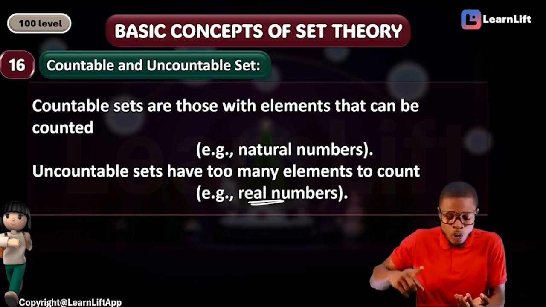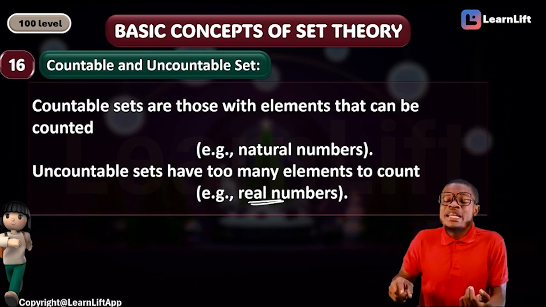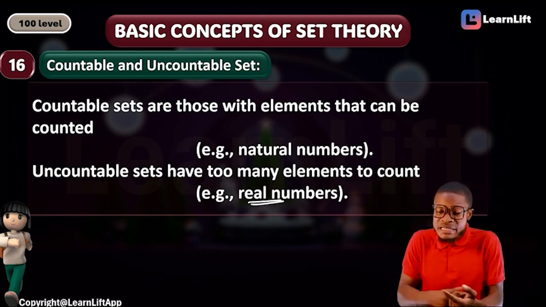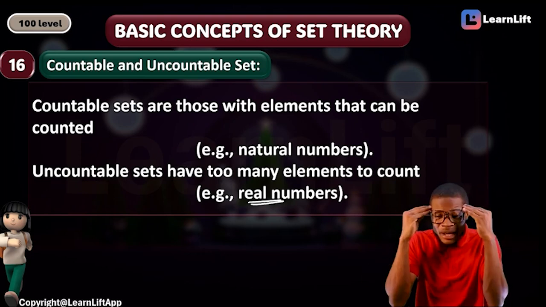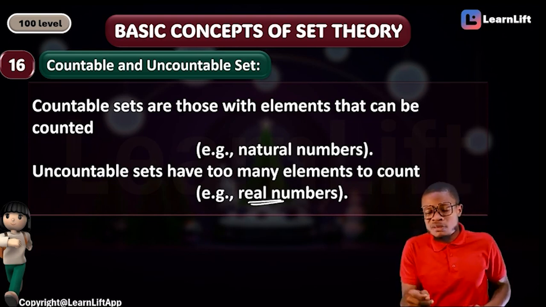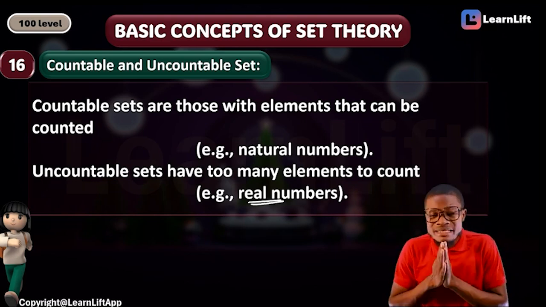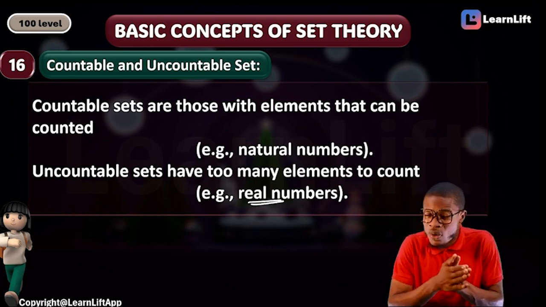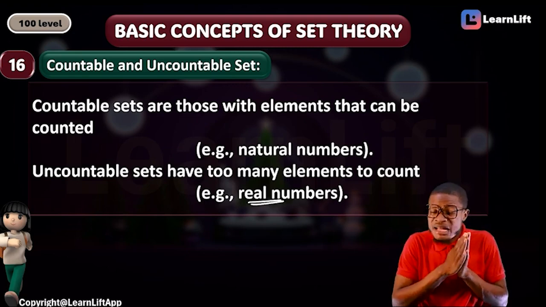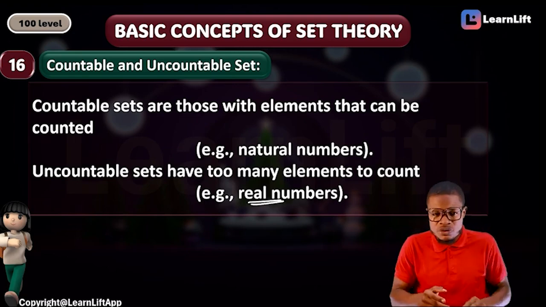Real numbers even include fractions. They include positive and negative whole numbers. They include decimals, your pi, anything. They are all inside real numbers. So are they countable or uncountable? They are uncountable. There is a difference between countable and uncountable sets. Finite and infinite sets are two different things entirely, and I've explained them to you.